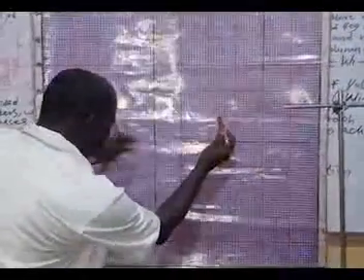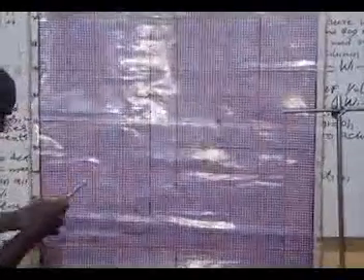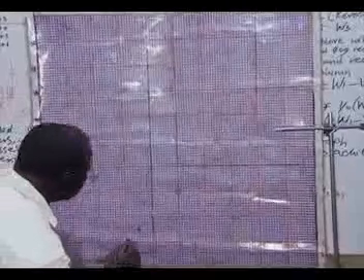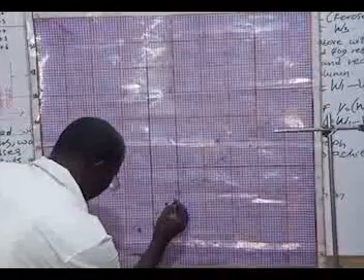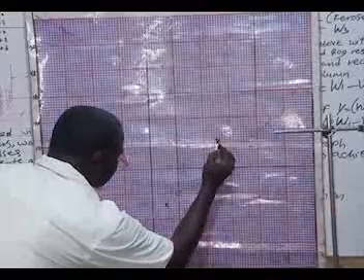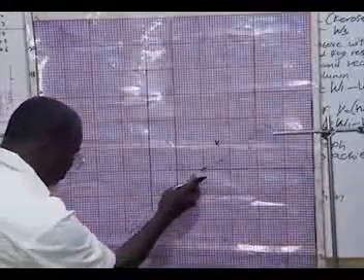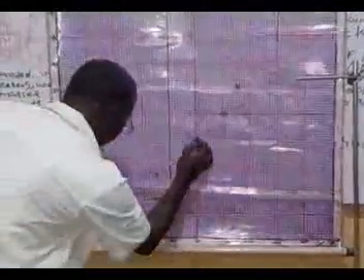So you can now make use of a black pen to make it a little bit clear, so that it will be easy to read. Okay, this is the last one.